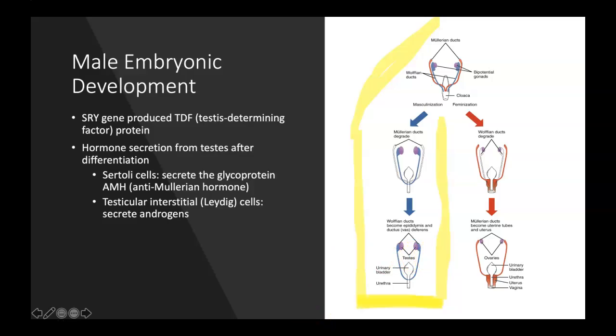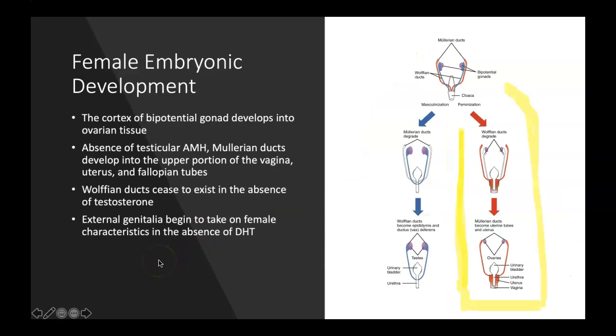If you look at the image on the right, you can see the different pathways that differentiation can take. The left side is the male embryonic development pathway, and then next we'll go over the female pathway.